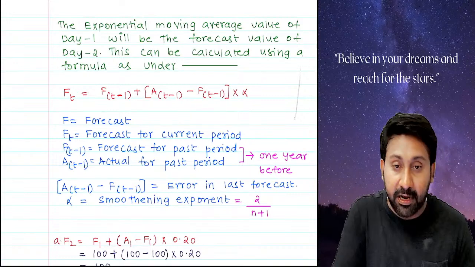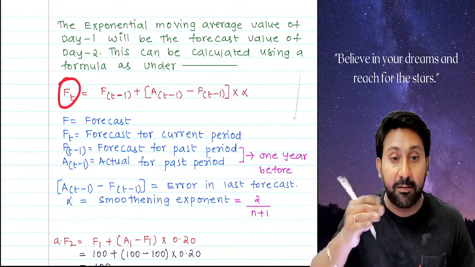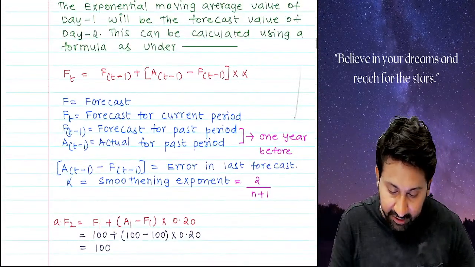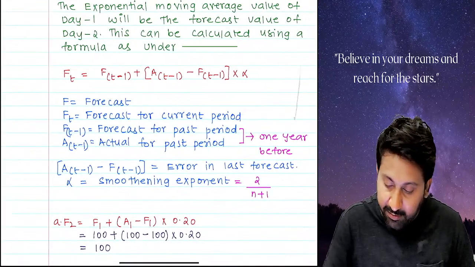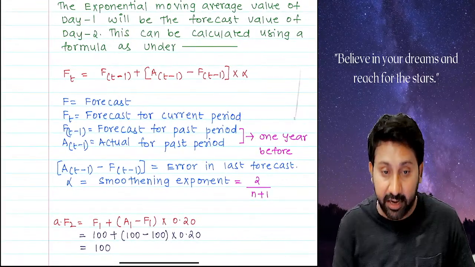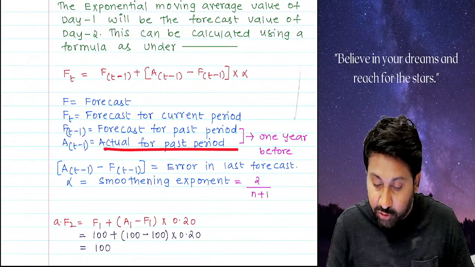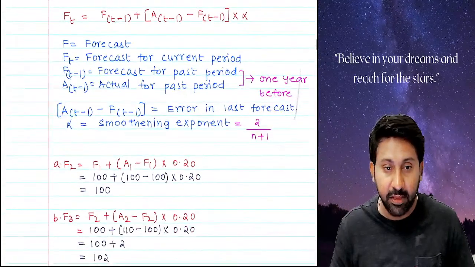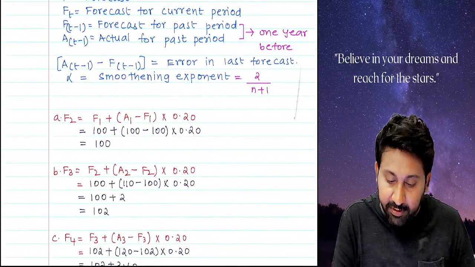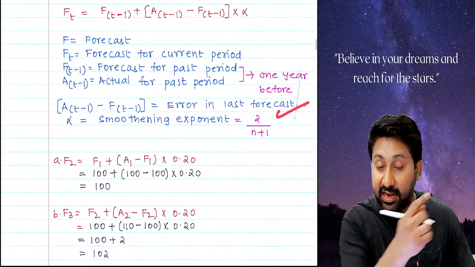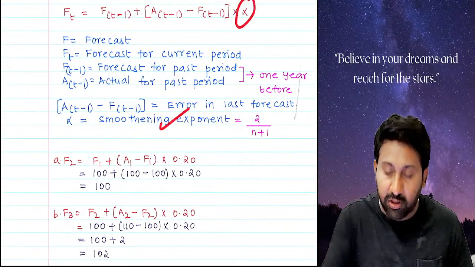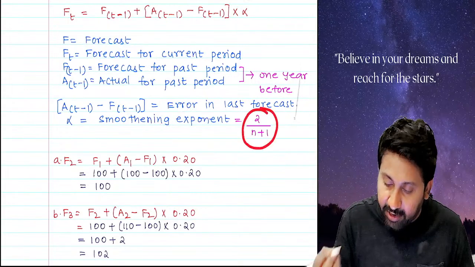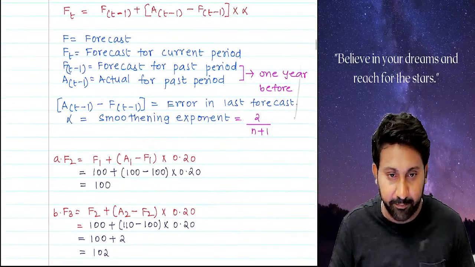That becomes the forecast for the current period. Here, F means forecast: F(t) is the forecast for the current period, F(t-1) the forecast for the past period, A(t-1) the actual for the past period, and A(t-1) minus F(t-1) is the error in the last forecast. What is the formula for the smoothing exponent? How will alpha be calculated? 2 by (n+1), 2 by (n+1).